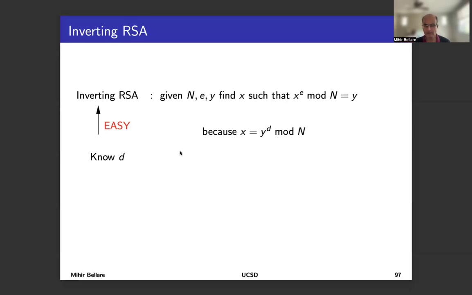Okay, so why aren't we done there? Well, because if we look at our inputs, it didn't include this d. So I don't have an immediate way of running this algorithm. However, at least it gives me some approach. It says, why don't I try to figure out what d is, and then I can do this. So I've reduced the problem of inverting RSA to one of finding d.